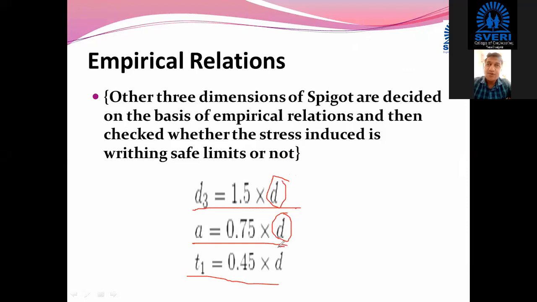That also you can do, but if you are going to calculate these values, that is the D3 outer diameter of that sprocket, or A as the dimension which we are going to put inside that socket, or T1, that is the thickness which we are going to consider for the collar. These values can be calculated, but we have to check them for the respective type of stresses which may be induced inside that particular component.